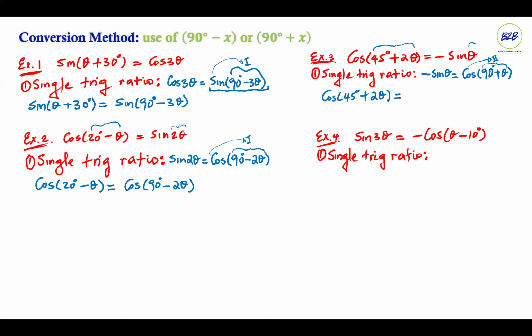But now we have realized that negative sine theta is equal to cos of 90 degrees plus theta. Cos of 90 degrees plus theta. All right, that is how we achieve a single trigonometric ratio.